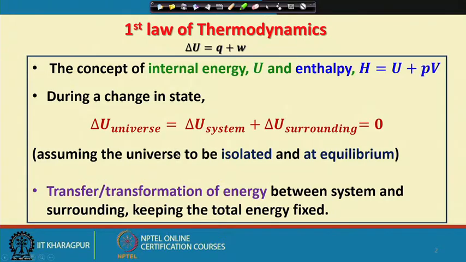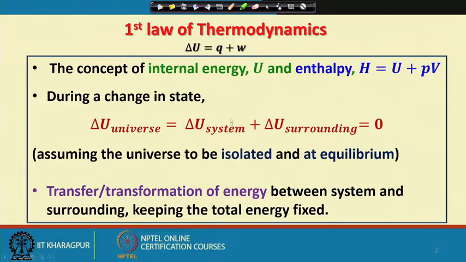If we assume that the universe is composed of the system and its surrounding, then during a change in state there may be some change in the internal energy of the system, and associated with that there may be some change in internal energy of the surrounding.